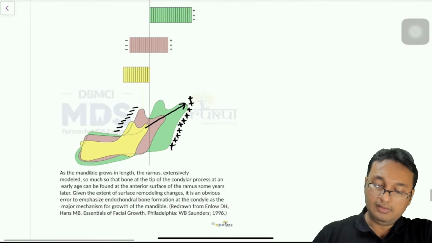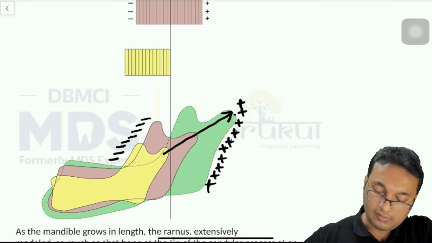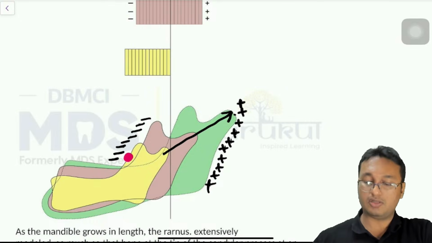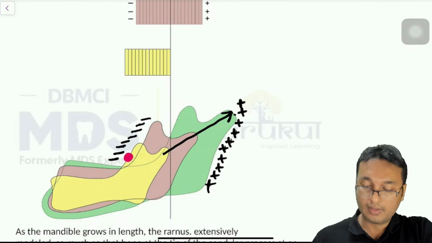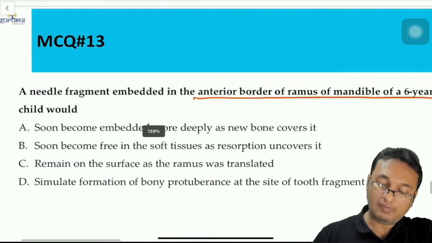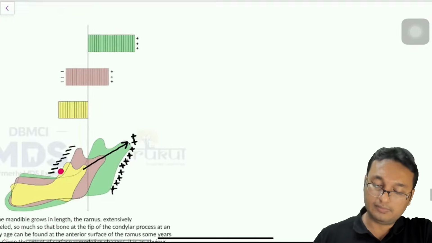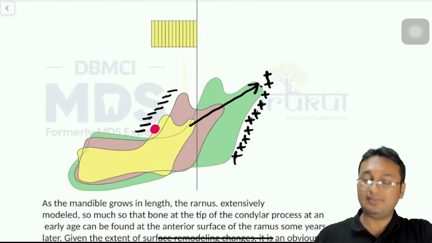Now the needle, what the researchers have incorporated was here, that red dot along the anterior border of the ramus of the mandible, right? What will happen later to that needle? Now you know the direction of growth of the mandible I just explained.